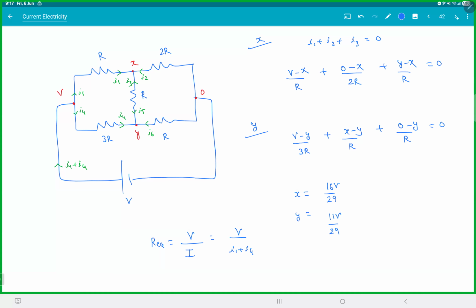The answers are not matching. Someone is wrong. Anyone else? One more answer to confirm. We have 29 by 31 and we have 29 by 11.